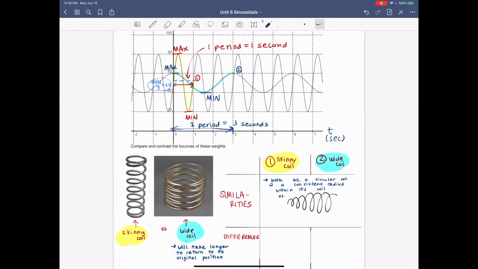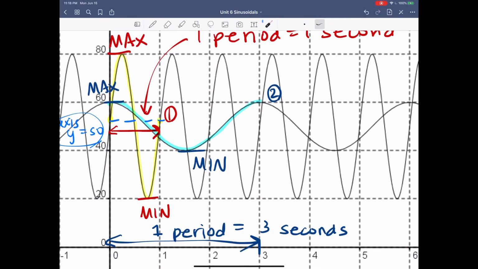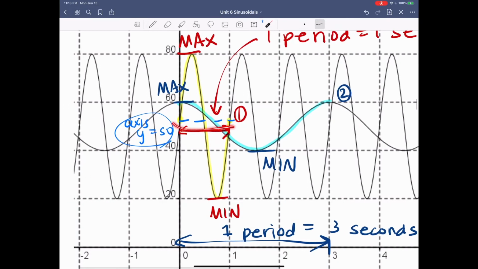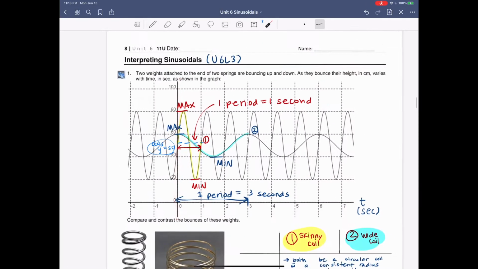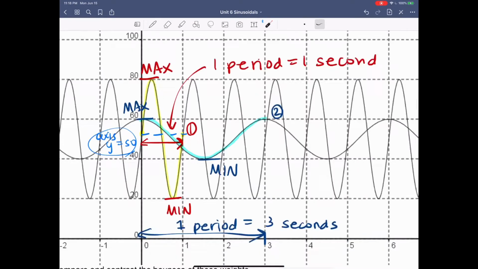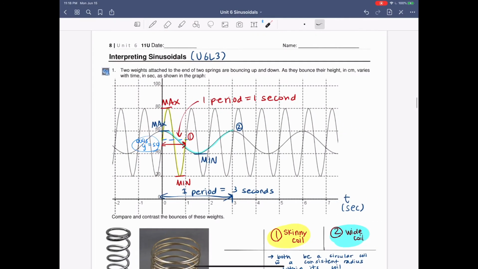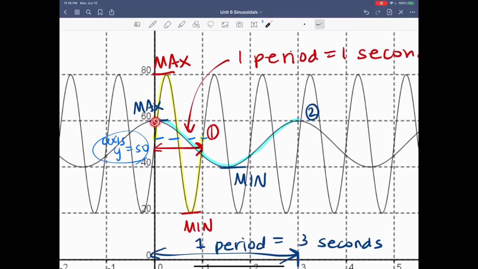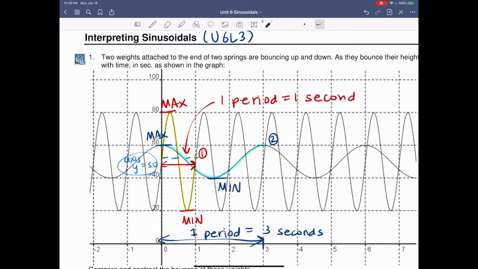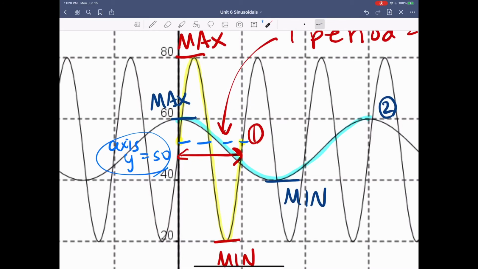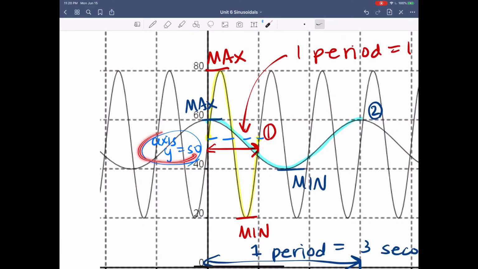Another thing to note is that with these two graphs, you notice that the axis value is exactly the same, y equals 50. Remember, this y-axis represented their bounce in height in centimeters, which means that at t equals 0 seconds, it is at its original position. So interestingly enough, although we're starting at different positions, the axis value is y equals 50. And what does that mean?